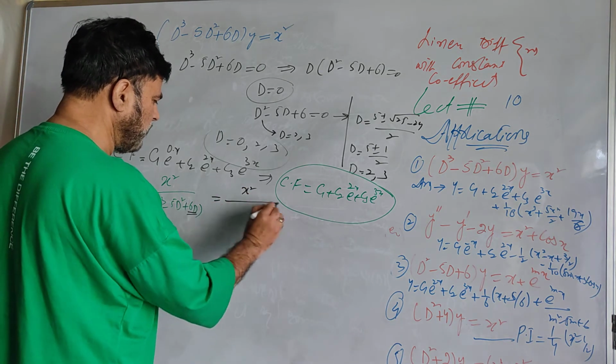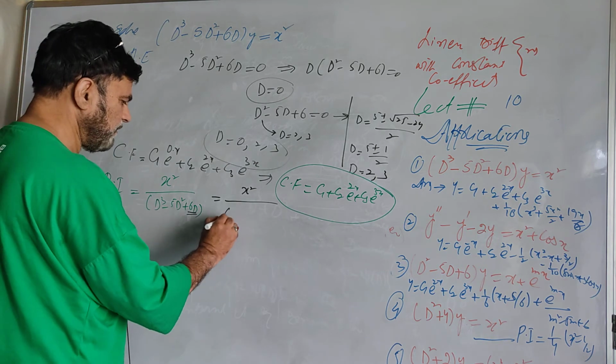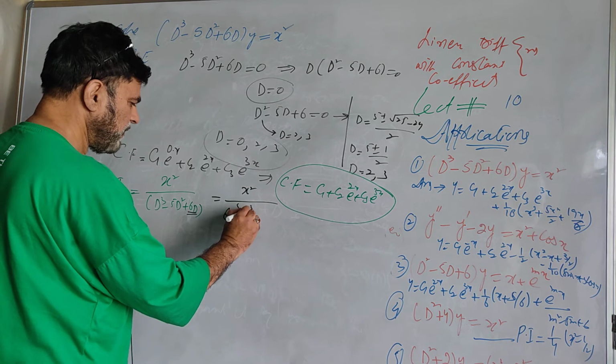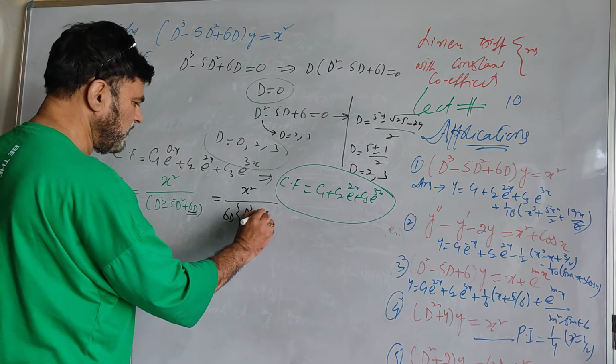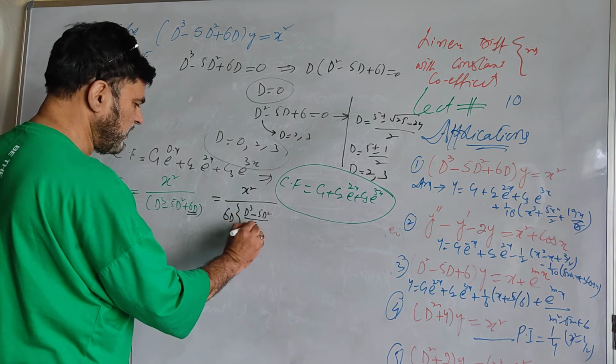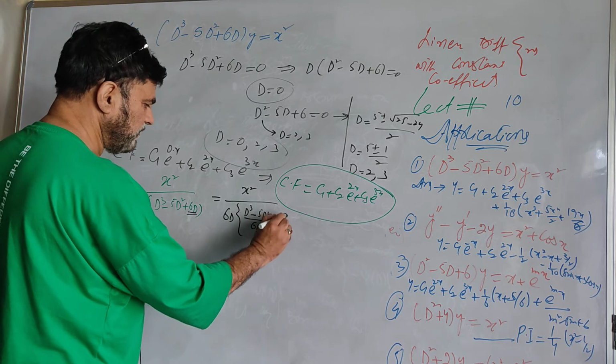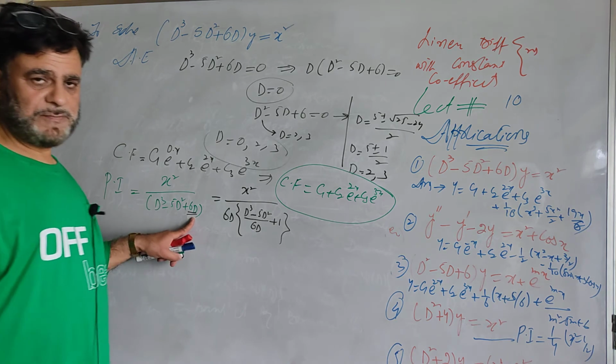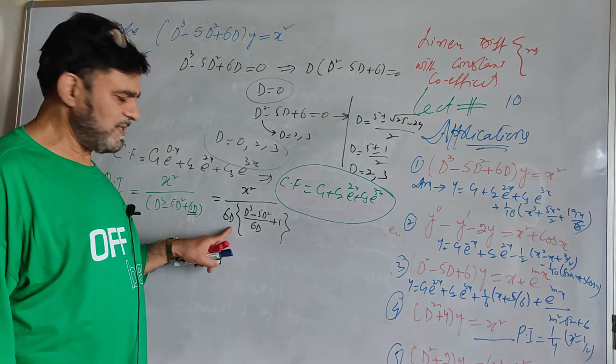Try to learn here how we go. When you take 6d common, this is d cube minus 5d square by 6d plus 1. I want to have 1 here. That is why we take the lowest degree term common, taking 6d common.